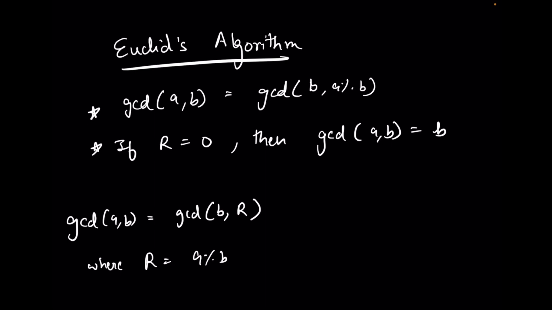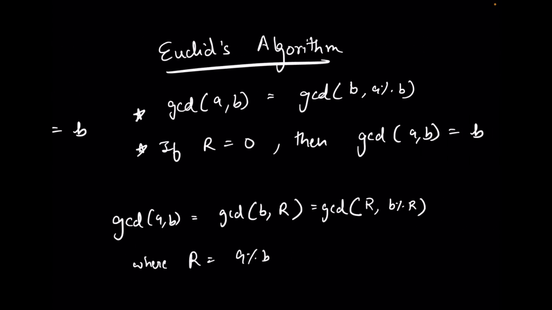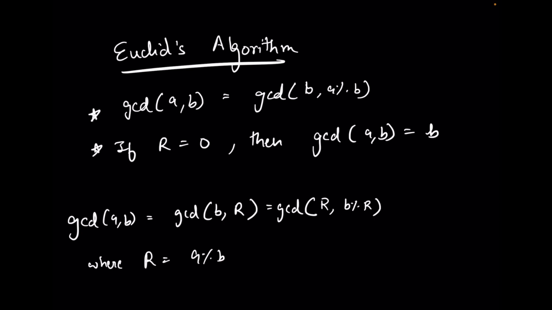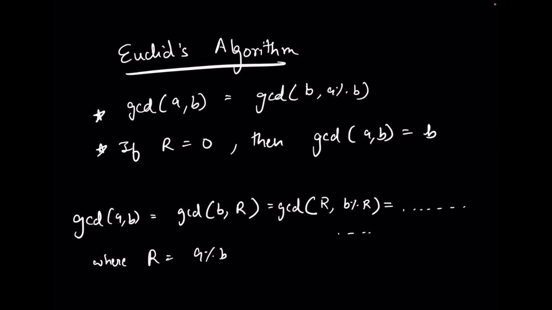Which means that to calculate GCD of B comma R, you should now try to find GCD of R comma B mod R, using this first equation on the page. And then to further find GCD of R comma B mod R, you again use this first equation, and so on and so on, right?